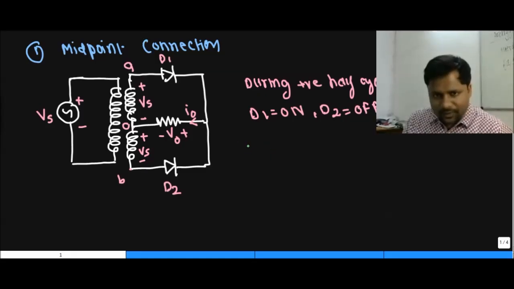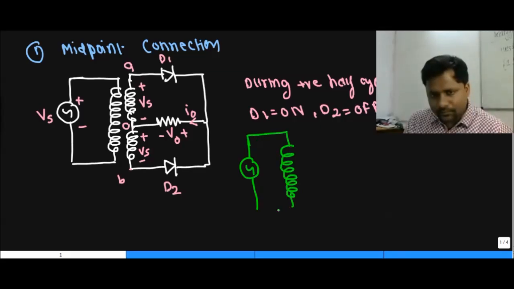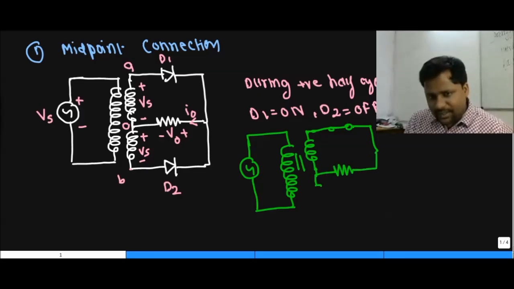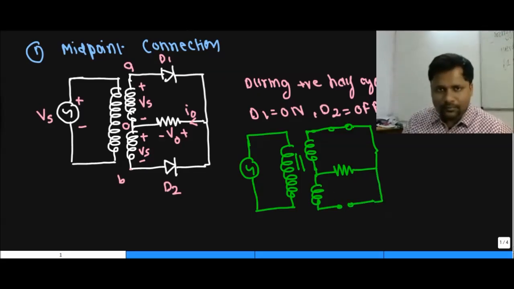This is our supply voltage. This is our transformer primary. D1 becomes on and the current is flowing to the load like this. Similarly, this is plus and D2 becomes off. If we take this as plus, this should be Vs. The current is flowing like this towards the load side.